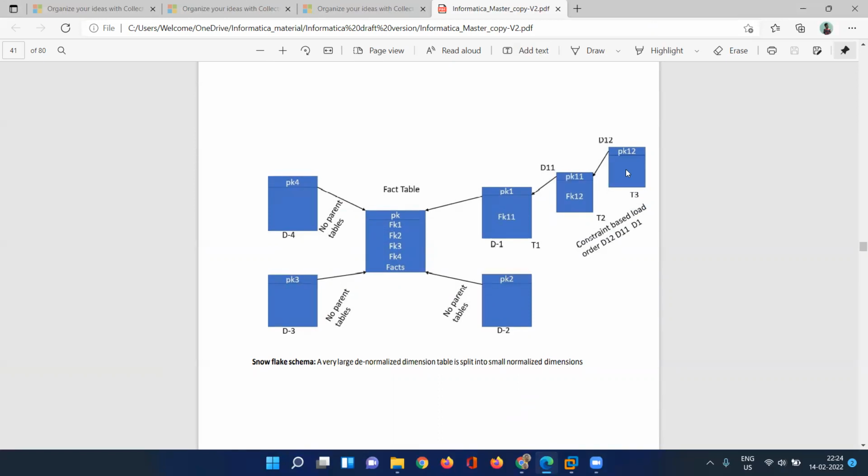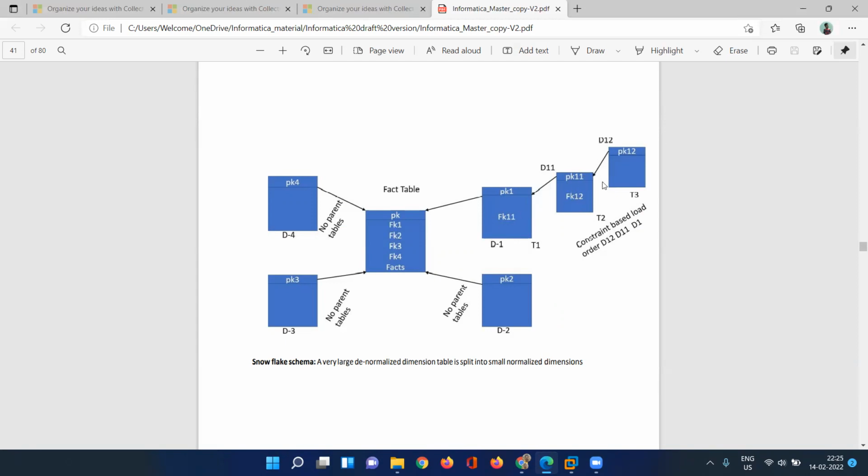It means that once this particular dimension has data, it loads into the dependent dimension, and again this data is loaded into another dimension. Finally the data reaches your fact table. Technically it means it contains more joins.